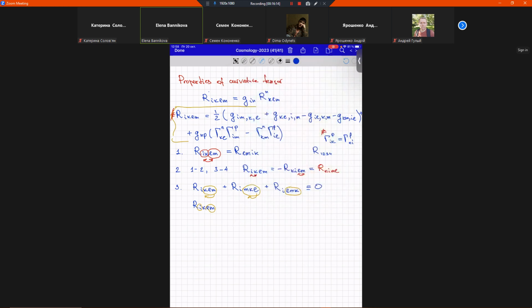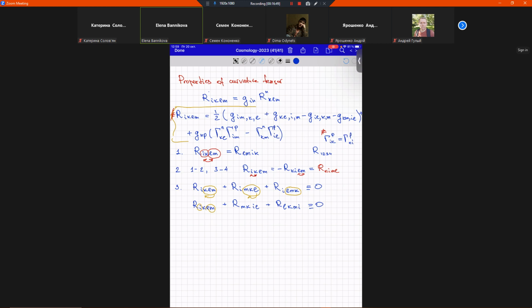So if I do again cyclic permutation for these three indexes, I can write k, I keep i, it will be m, i, l, plus R, k, I keep i, I put l, and here m, i. So this is also true.